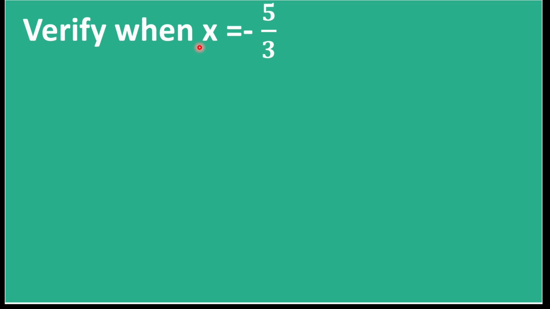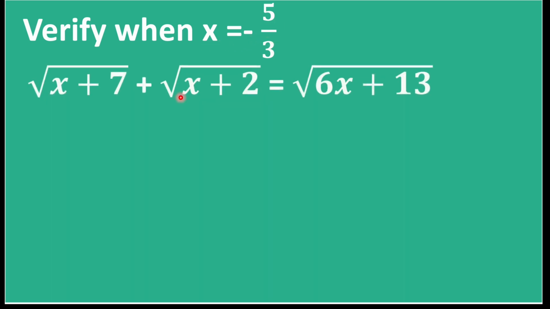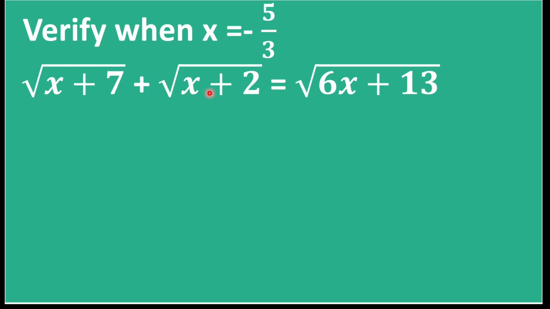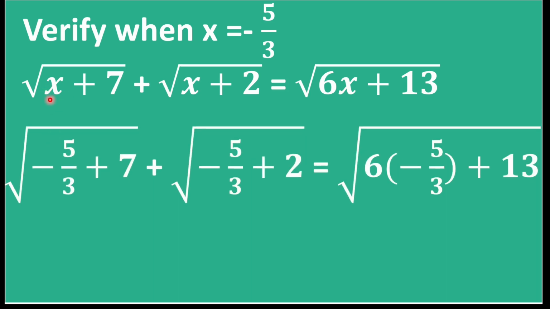And now we will verify this question for the other value, which is minus 5 divided by 3. This was our given equation, and now we will put x equal to minus 5 divided by 3 in place of x, and similarly we have done over here.